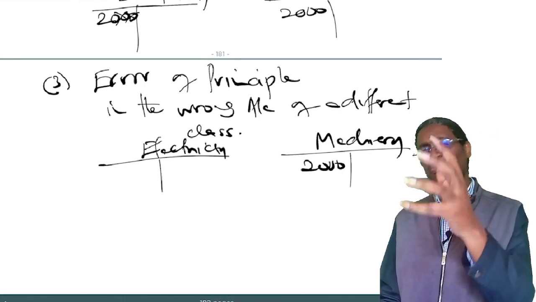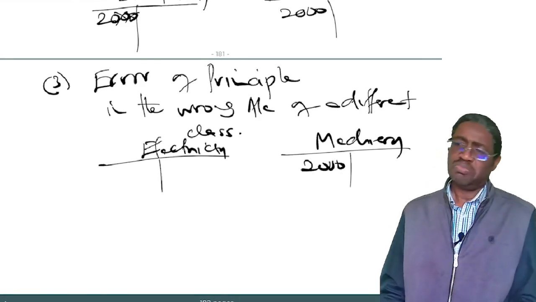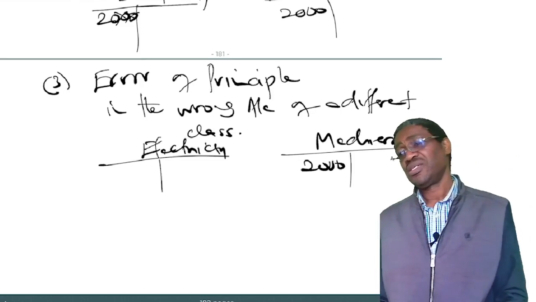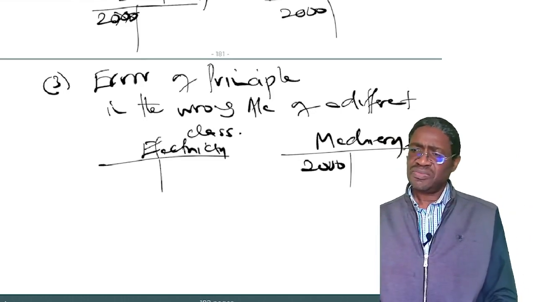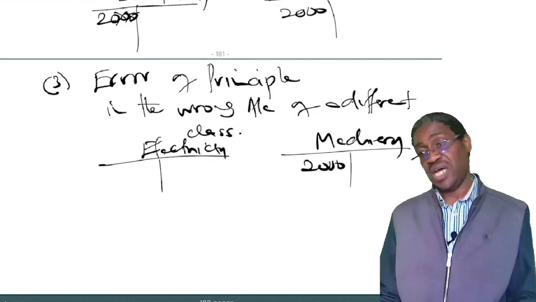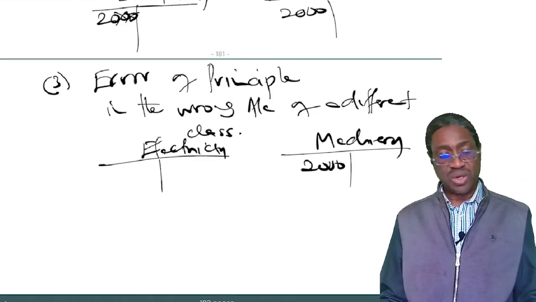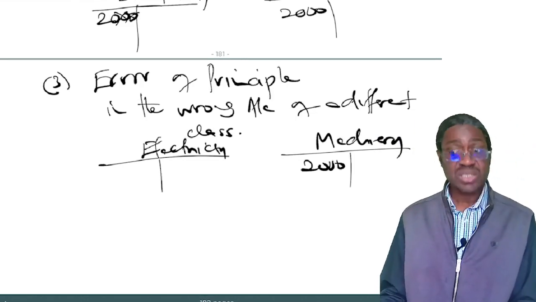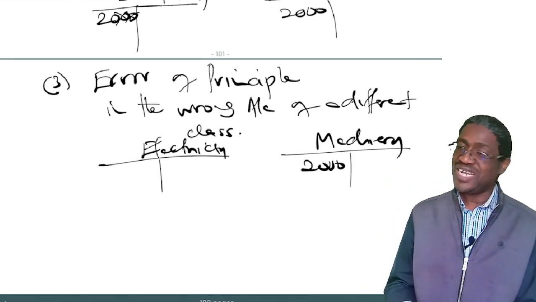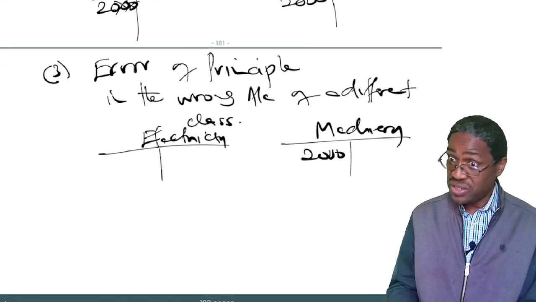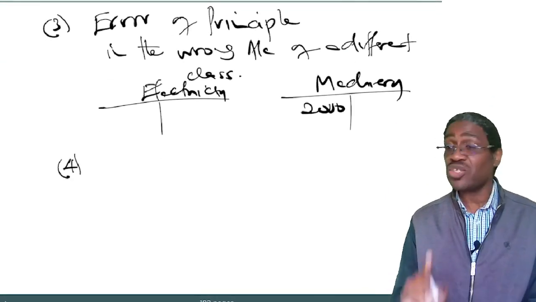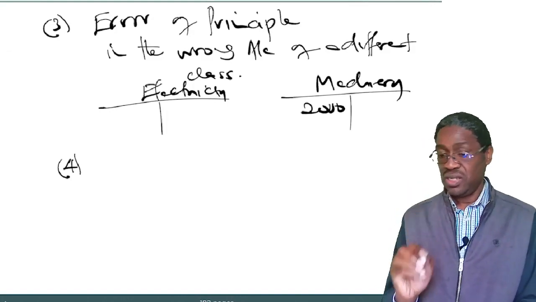Or maybe you bought machinery, but instead of debiting machinery, you debited telephone. They are in different classes. So you are recording the transaction in the wrong account of a different class. That's an error of principle.